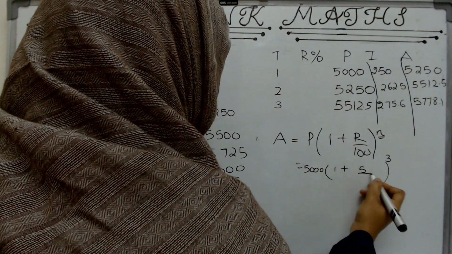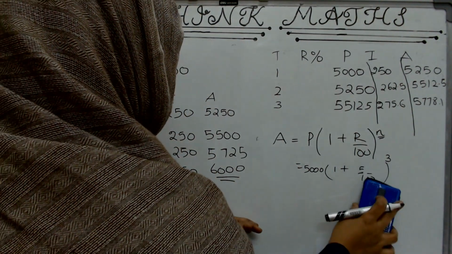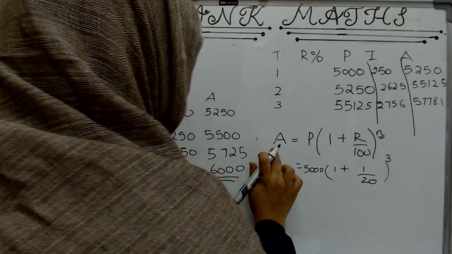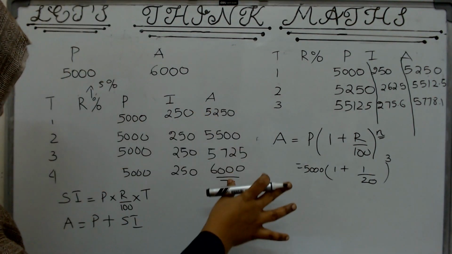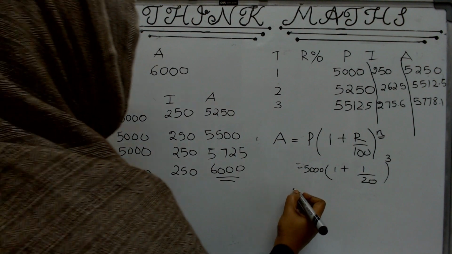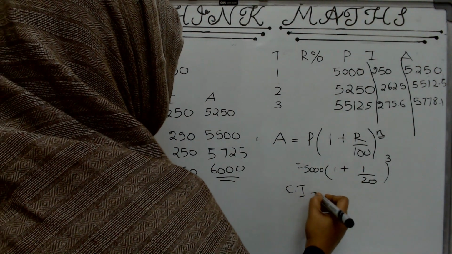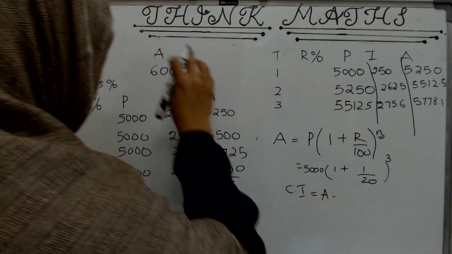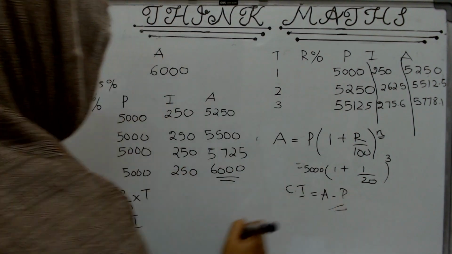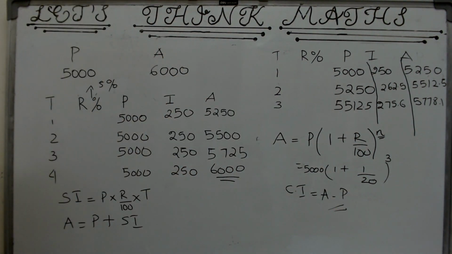Your r here is 5 by 100. 5 by 100 is 1 by 20, right? So 1 by 20. So this will give you the amount, not the compound interest. What will be the compound interest? The compound interest will be the final amount minus the principal that you started with.